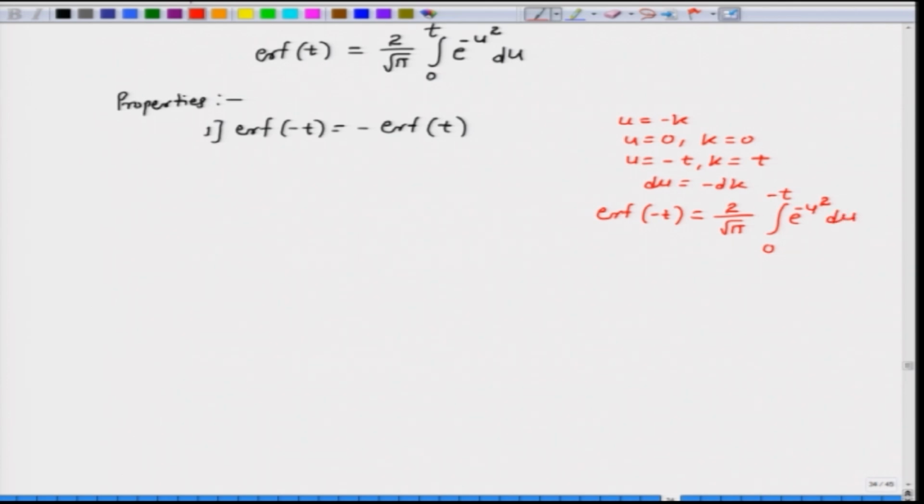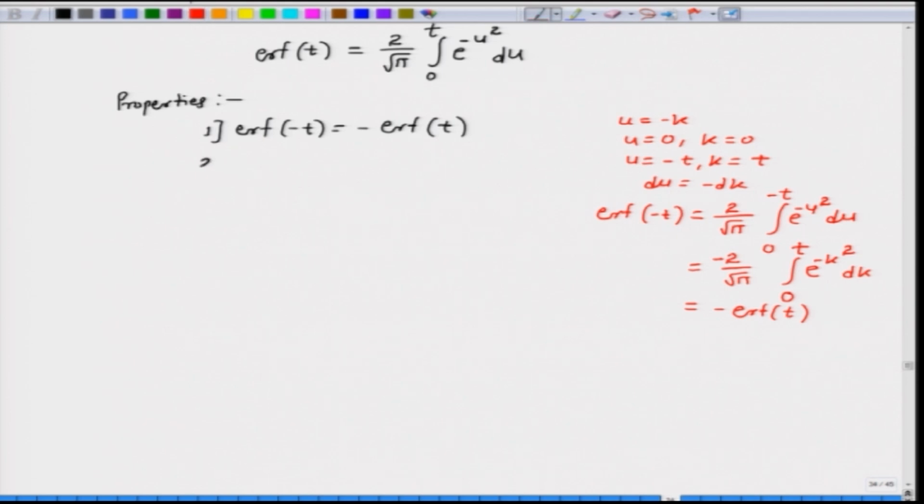Now, if we substitute u equal to minus k, this turns out to be 2 over root pi integral 0 to t, because when u is equal to minus t, k is equal to t, and u square becomes k square, and du is minus dk. So, there will be a minus sign here, and we see that erf(minus t) is nothing but minus erf(t).